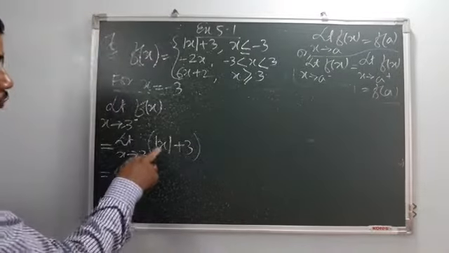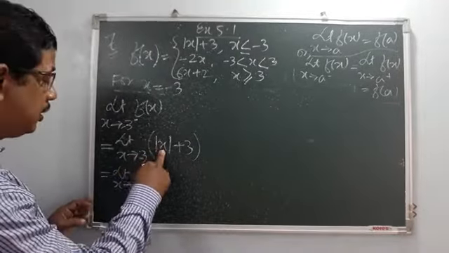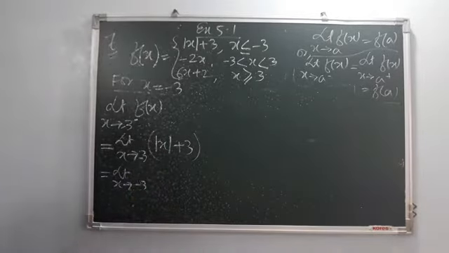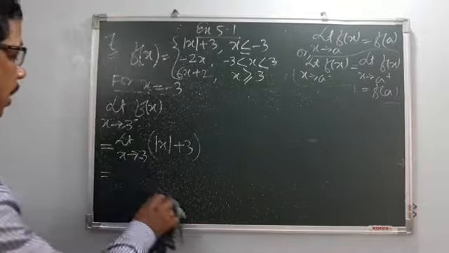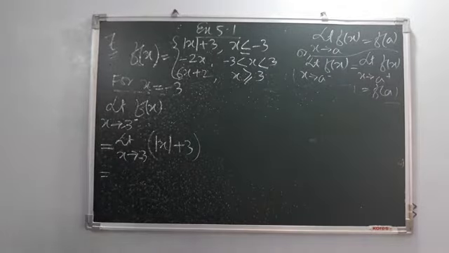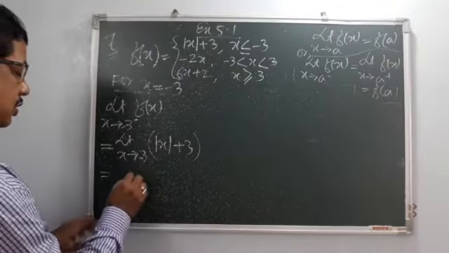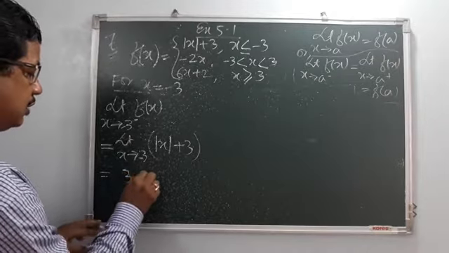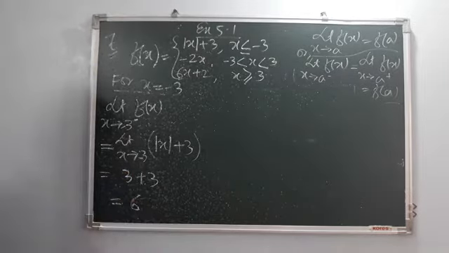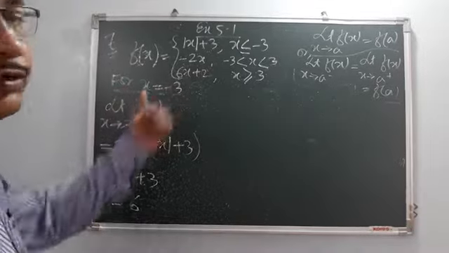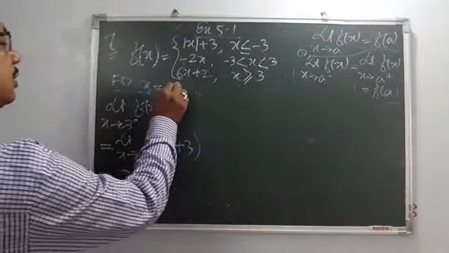So of course, if you put it here, it will give a plus 3. So I can write directly, if we withdraw this limit, then it will give minus 3 modulus means 3, plus 3, that is 6. This is our LHL for x equal to minus 3.